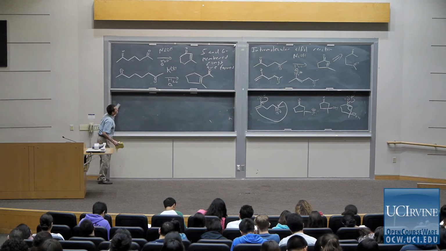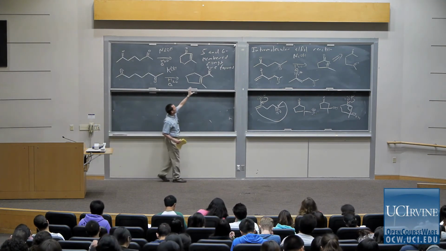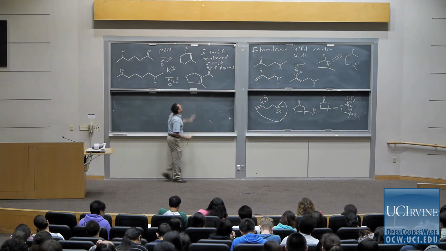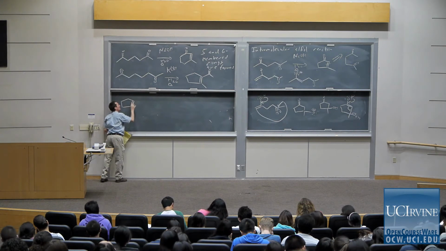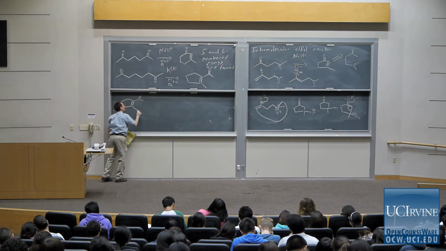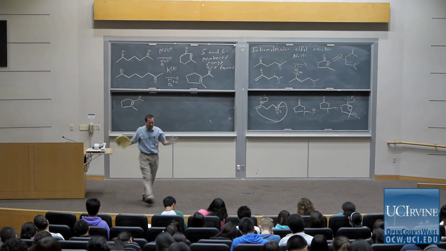Now, this process of thinking backwards, again, just apply it over here. Look at this. Think backwards. We have an alpha-beta unsaturated carbonyl compound, because you'd look and you'd say, okay, everything that he said in class makes sense.